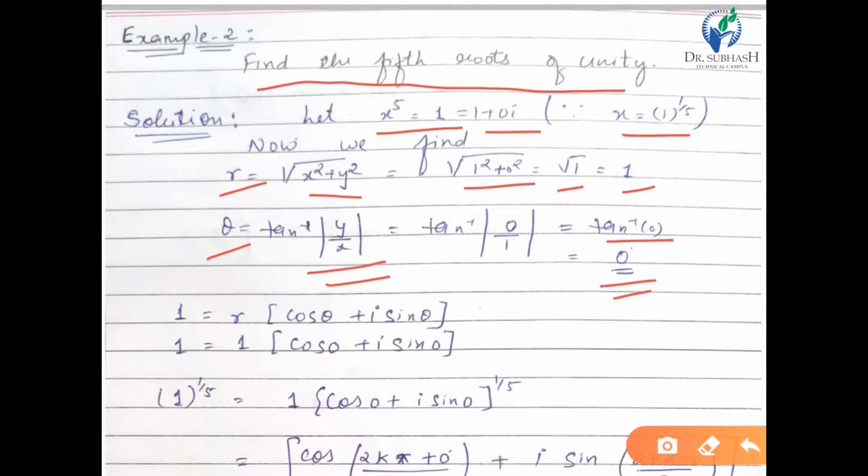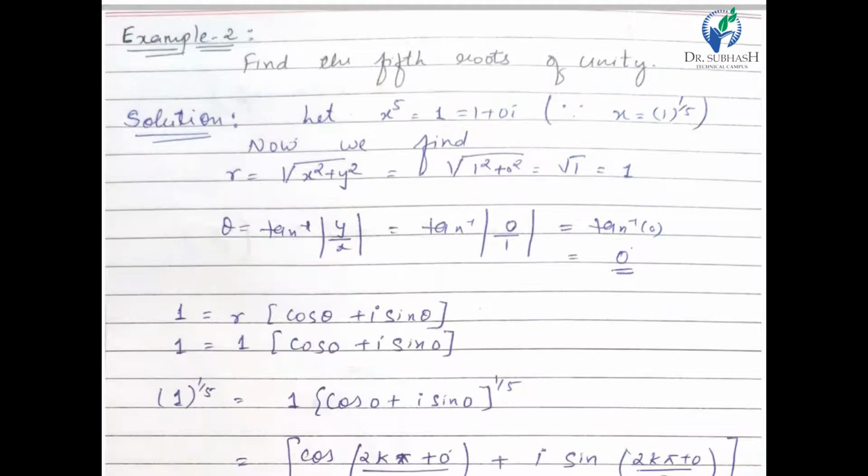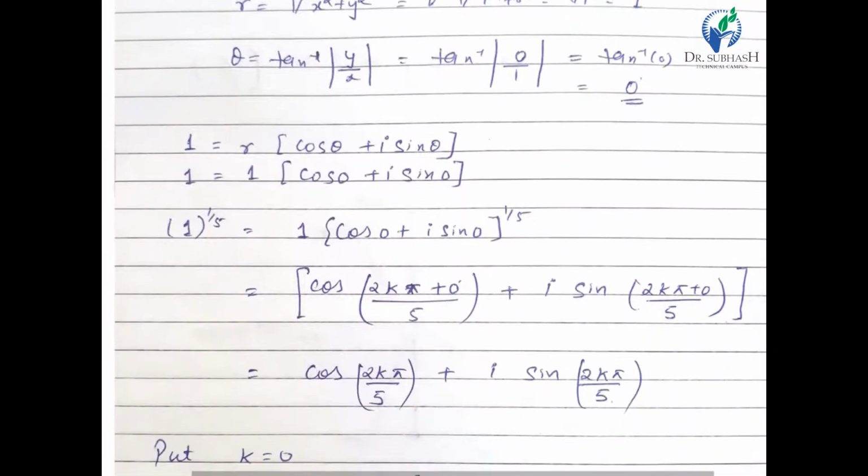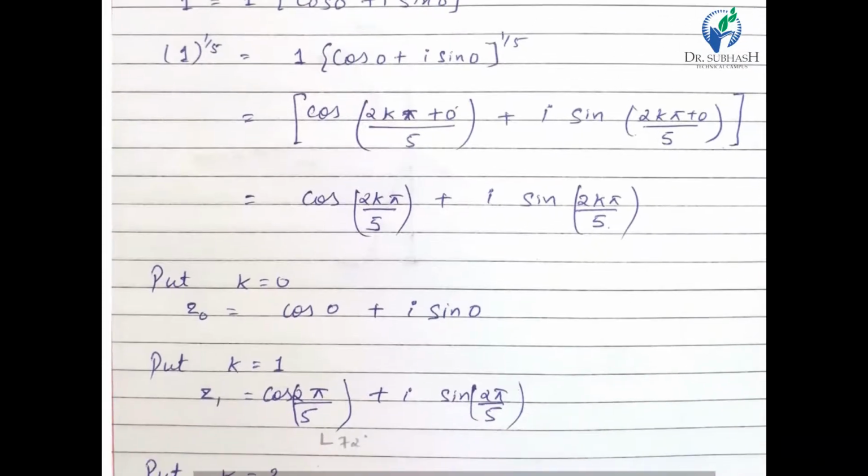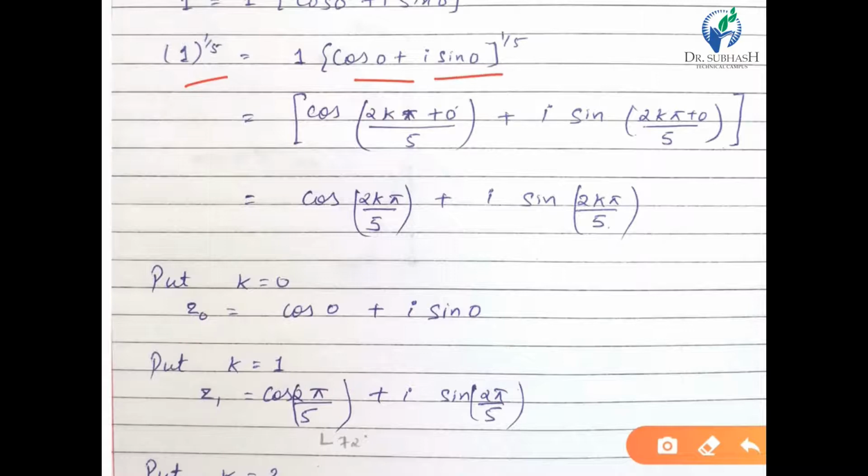As we did in our first example, we can write 1 as r (cos theta plus I sin theta). The value of r is 1, theta is 0. Now taking the fifth root on both sides, we get 1 raised to 1 by 5 equal to 1 into (cos 0 plus I sin 0) raised to 1 by 5.